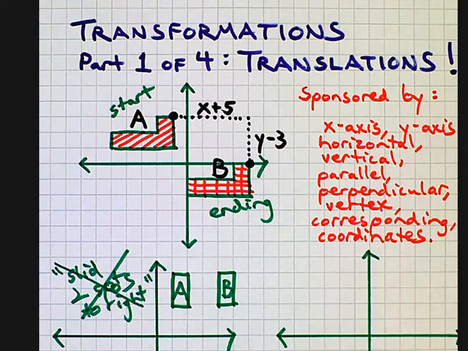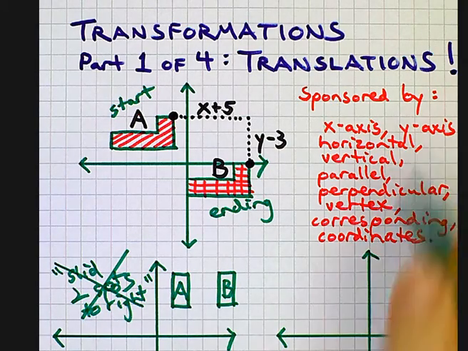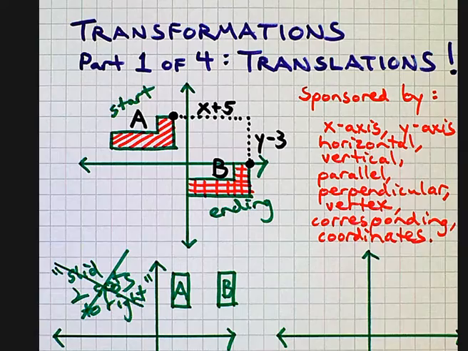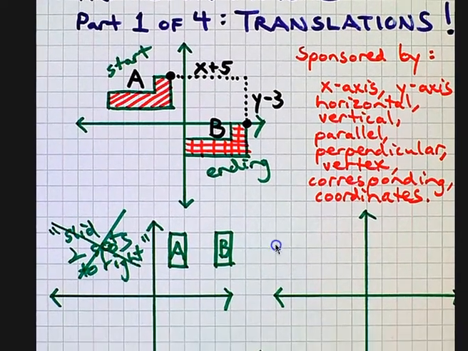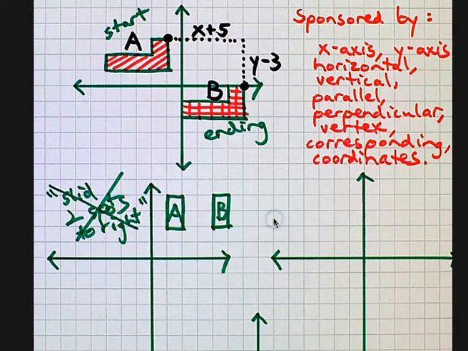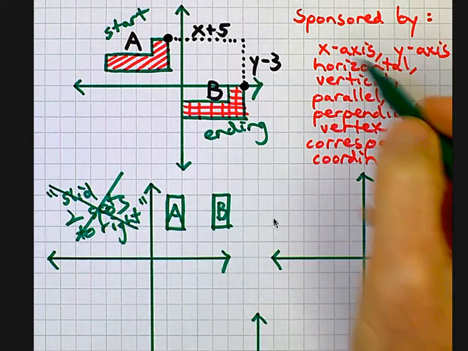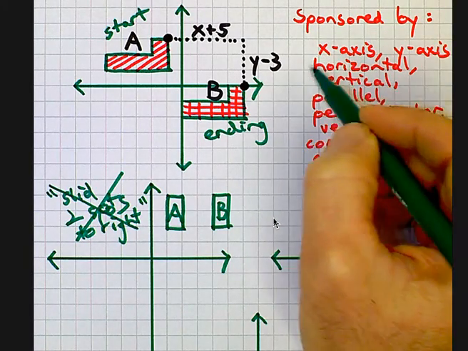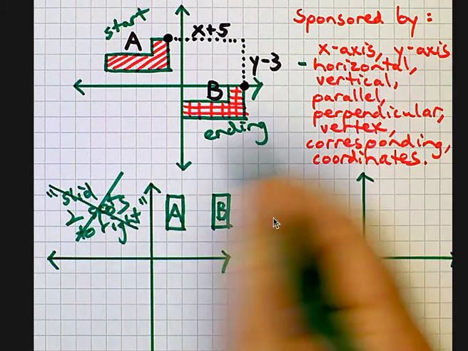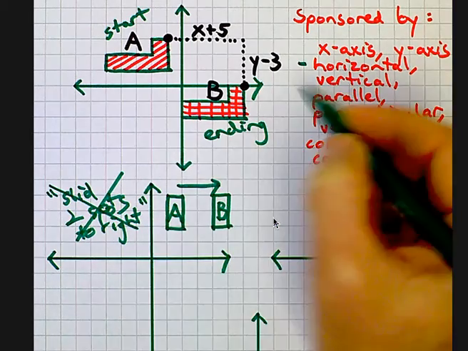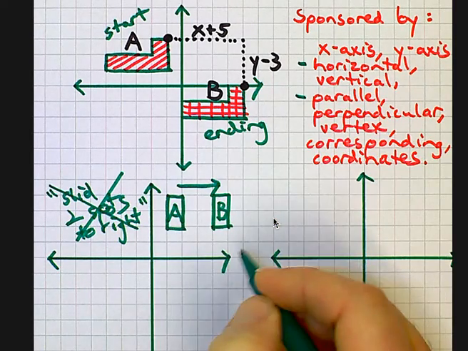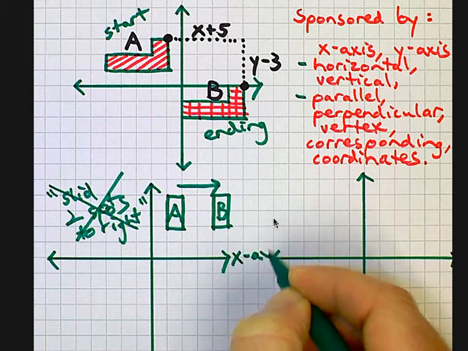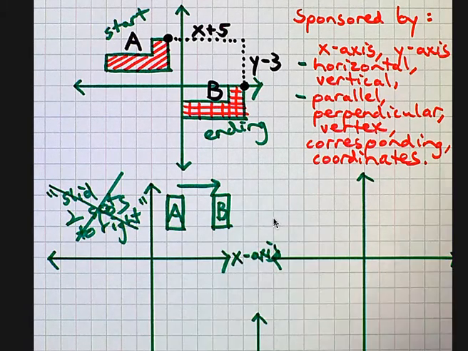And second of all, we want to use more academic language. So we're going to use words like, here, let me drag this up here. It slid horizontally, meaning it went that way, which is parallel with the x-axis. So it's moving the same direction as the x-axis.